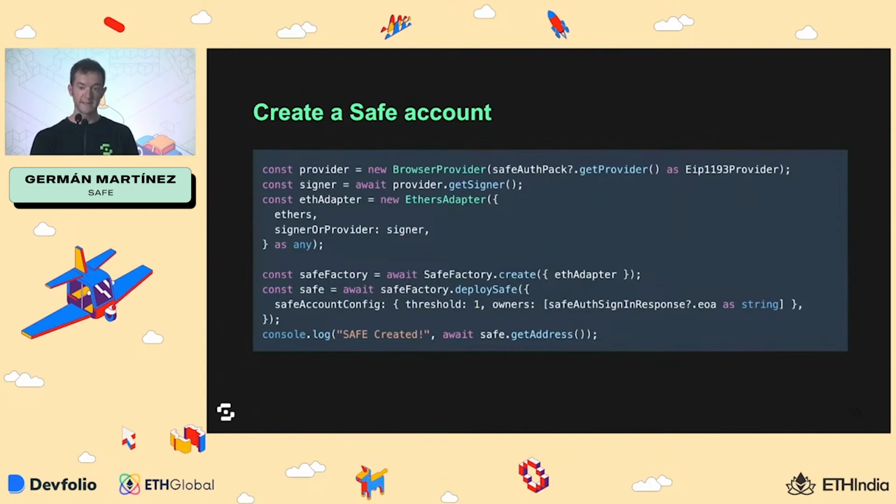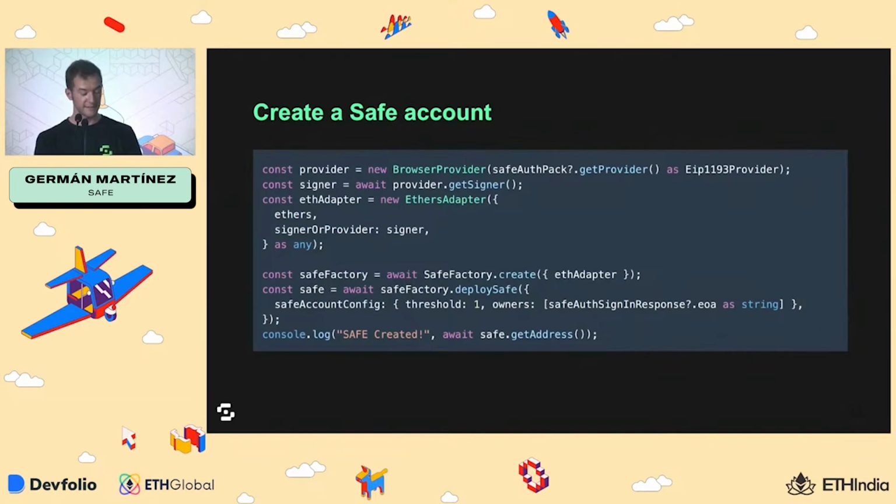How do we get the safe factory to deploy this safe? In the previous line, we see that we are calling safeFactory.create passing an ETH adapter. This ETH adapter is just a wrapper of the libraries Ethers.js or Web3.js, depending on what you are using in your application. This ETH adapter, we can get it by calling the Ethers adapter class, passing, in this case, an instance of Ethers and a signer.